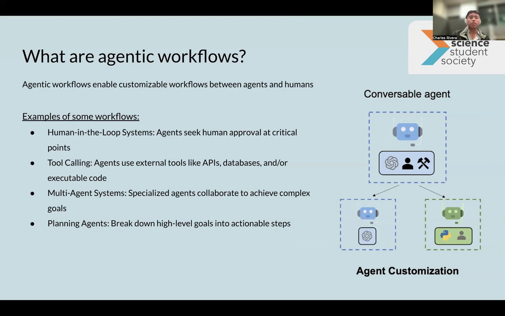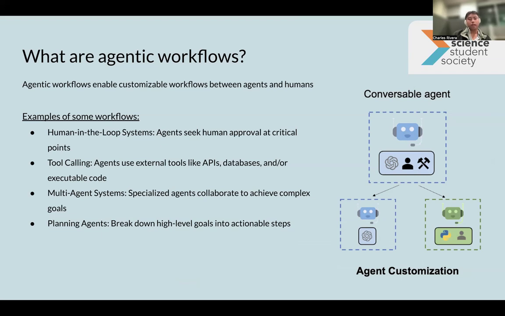We mentioned this earlier, but with tool calling, agents can use a function or an API or access a database to perform a certain operation. For example, an AI agent who's a math expert might have access to Wolfram Alpha's API to be able to calculate an integral.